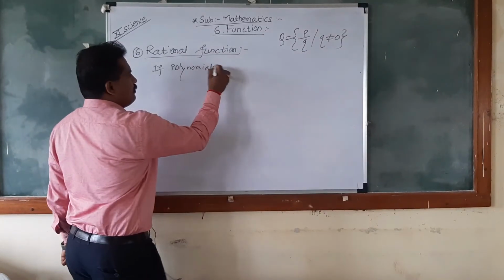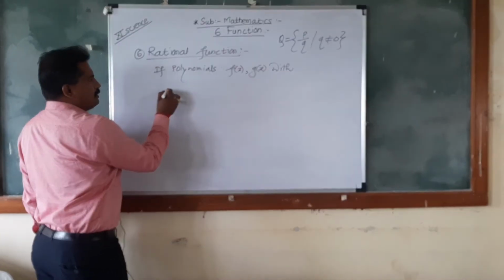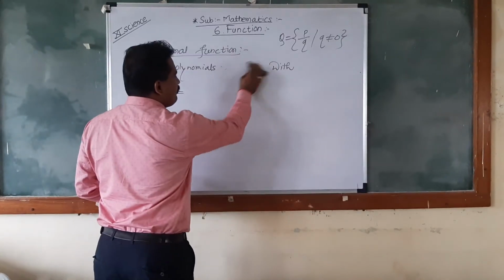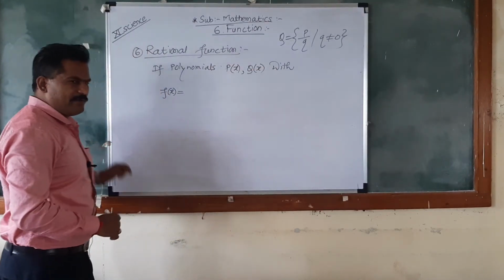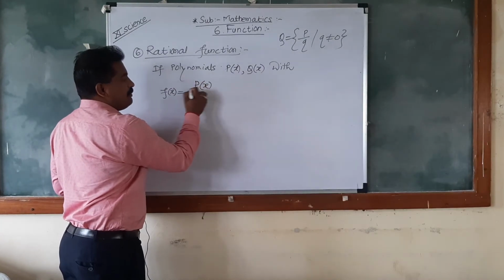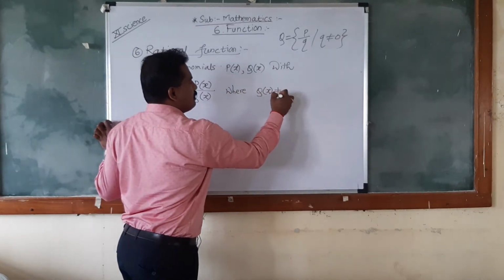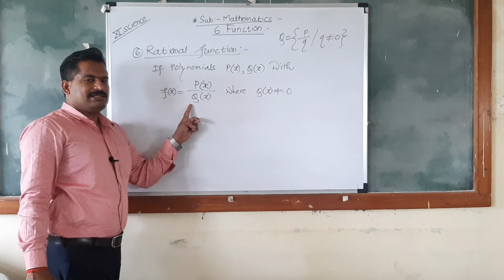Similarly here for a rational function. If we take polynomials p of x and q of x, because we use f of x for the function, then f of x is equal to p of x upon q of x, where q of x is not 0, because if the denominator is 0, then there is infinity.